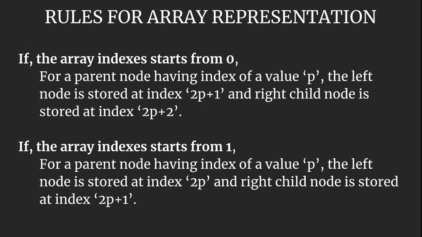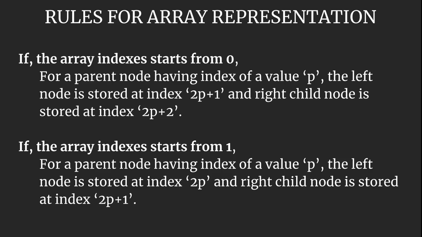Next, when we do the array representation, we have to keep some rules in mind. If the array indexes, in which we store the node values of a binary tree, start from 0, then for a parent node having an index value of p, the left child node is stored at index 2p plus 1 and the right child node is stored at index 2p plus 2.